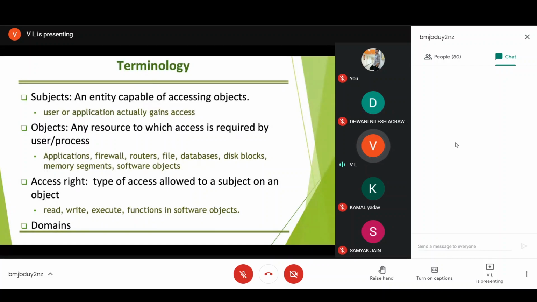And access consists of whether a subject can read an object, or write to an object, or, if it is a process or application, execute this process, or execute a certain function in that software object.